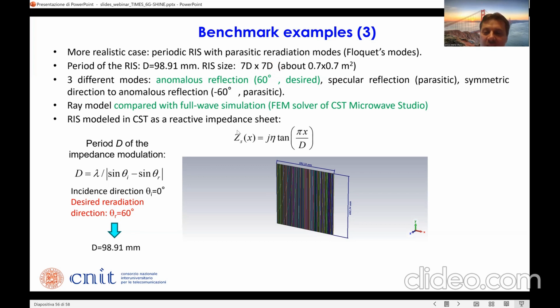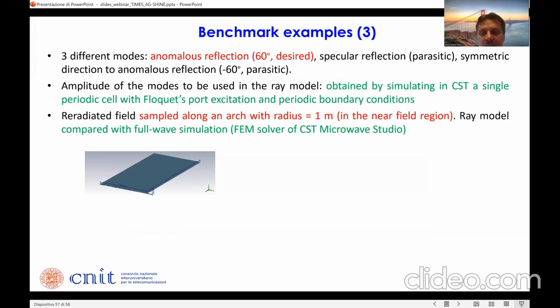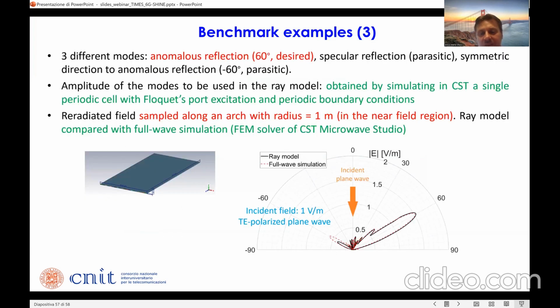And if we simulate this kind of structure with this periodical impedance modulation, we get this result. So basically, we have 3 radiation modes. One is the desired radiation mode.